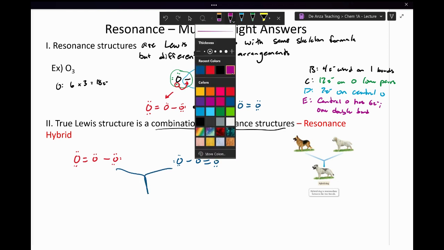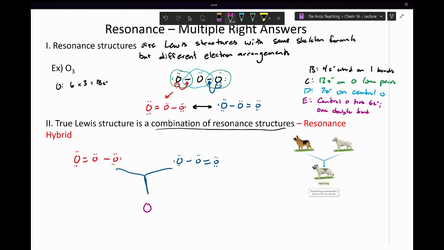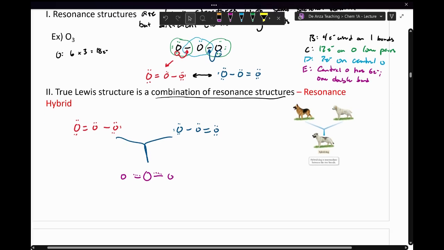We'll get a purple structure that looks like this, where you have your center oxygen. In all cases, we have a single bond between each of our oxygens. But I'm going to draw these little dotted lines to say that sometimes there's a double bond. And so what I've done here is I've spread electrons equally across all of the oxygens.